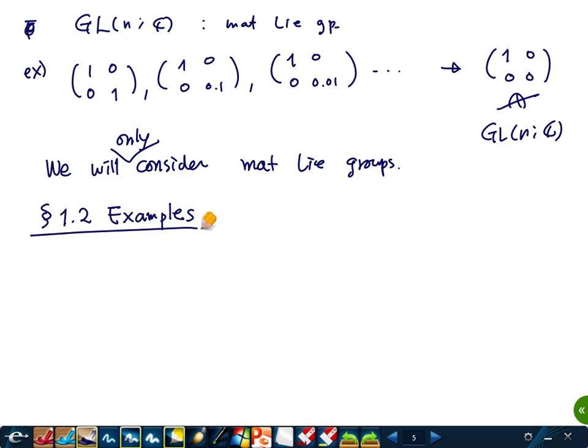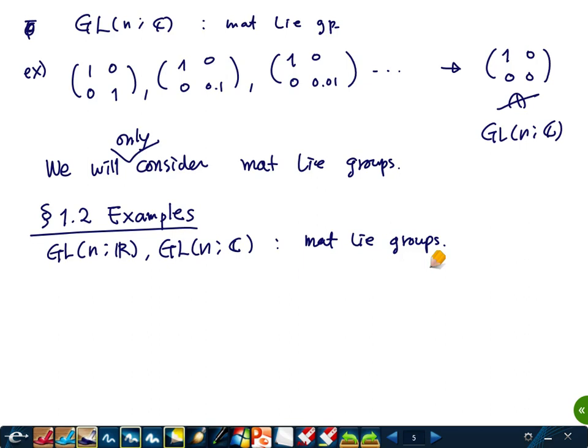I already mentioned this, but GL_n(R) and GL_n(C) are matrix Lie groups. It's easy to check.